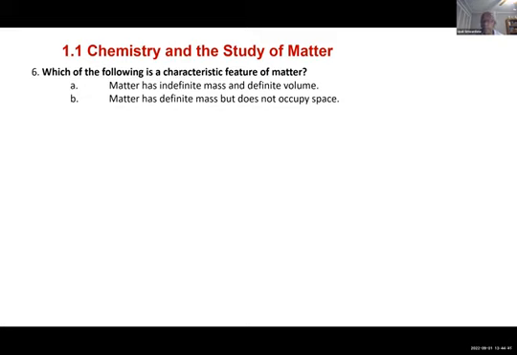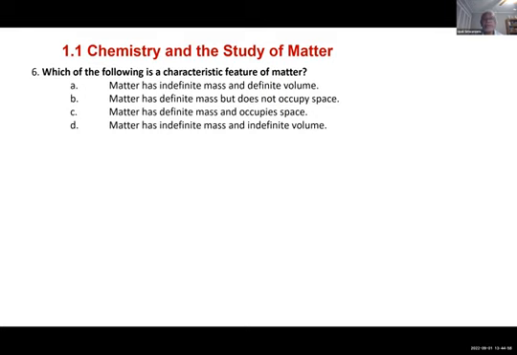That's wrong. Matter occupies a space, but it doesn't have definite mass. Both these statements are not characteristic of matter. Matter has definite mass and occupies a volume. That is the definition of matter. Matter has indefinite mass and indefinite volume. Indefinite means any mass or any volume. That's not true. So what is the correct answer for this question?